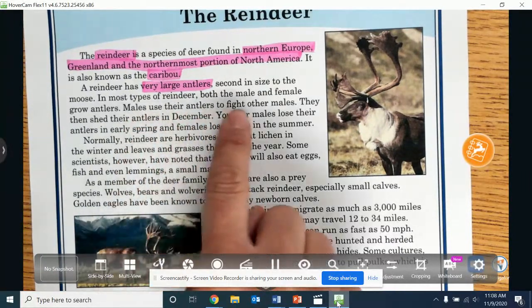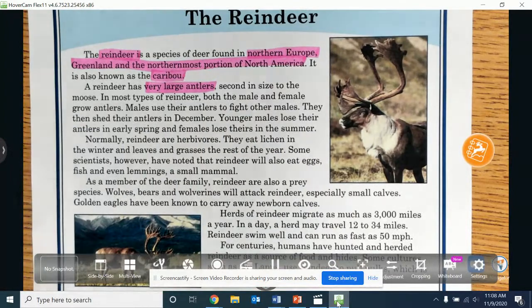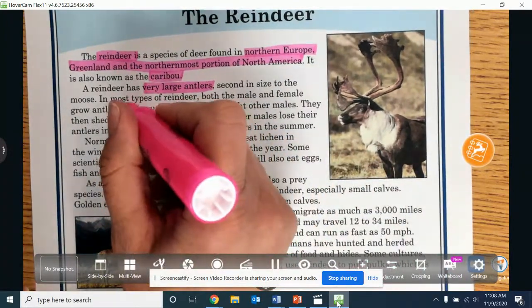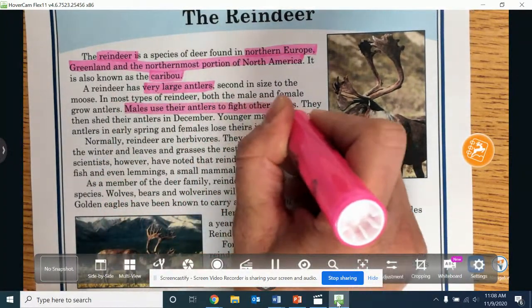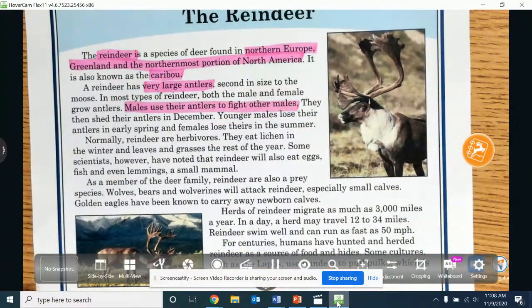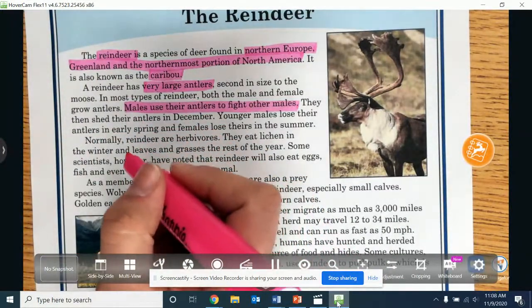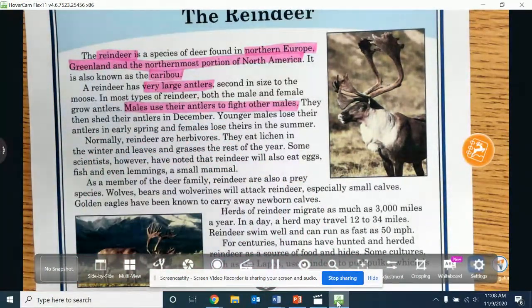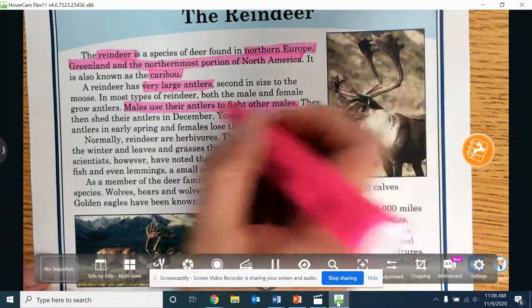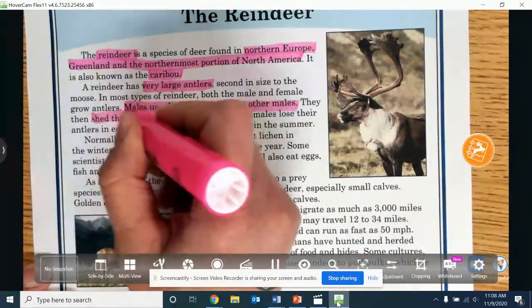Males use their antlers to fight other males. So I'm going to highlight that. Then they shed their antlers in December. Shedding means they lose them. So they shed their antlers in December.